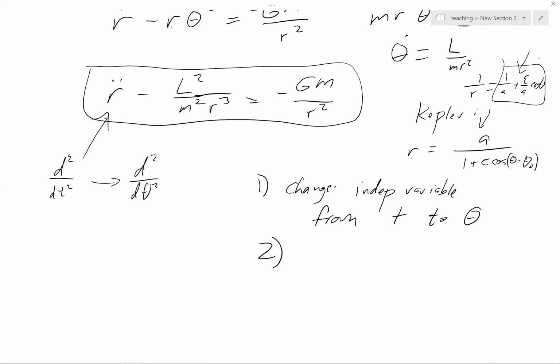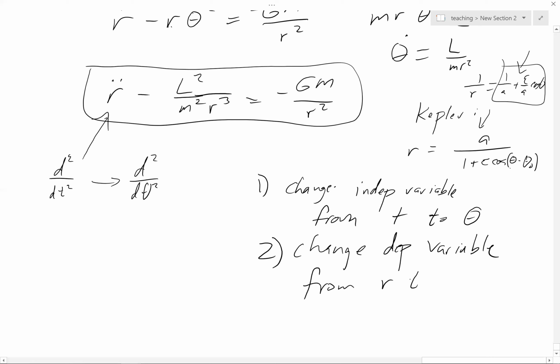So that at least suggests it might be a good idea to change my dependent variable as well. So I'm going to change the dependent variable from r to, and call it whatever, we already used V, so how about z is 1 over r.